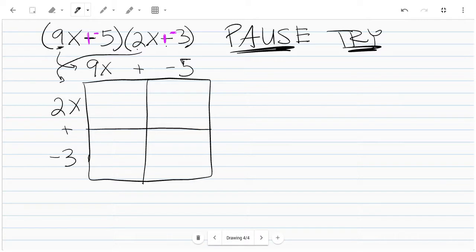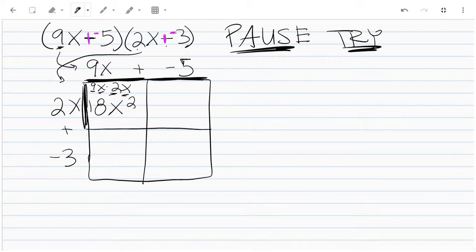And so then I'm going to go 9x times 2x because that's my length and my width or height, or however you want to think about it. 9 times 2 is 18, and x times x is x squared. And then we have this minus 5 or negative 5 times this 2x. So 2x times negative 5 is negative 10x.